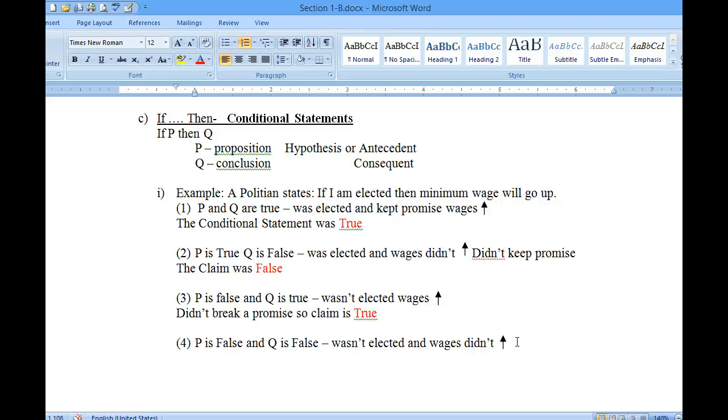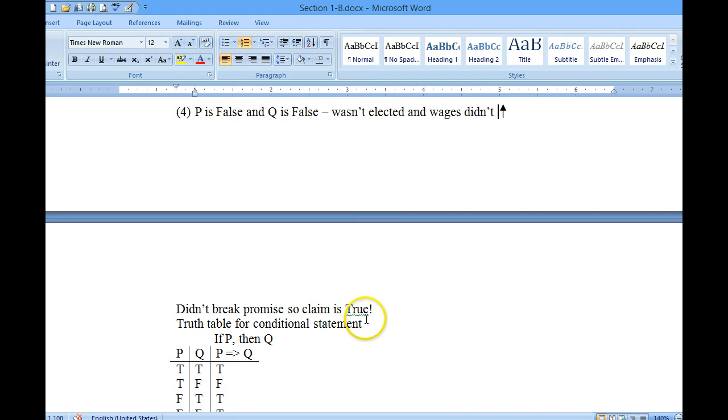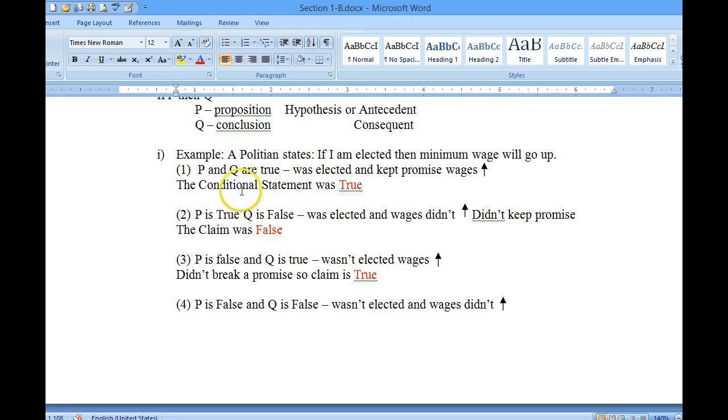So even though I have an if-then statement with the proposition or the hypothesis or the antecedent being false and the conclusion even being false, the statement is true. This is the hardest one for most people. They're okay that if the person was elected and they kept their promise, it's true.